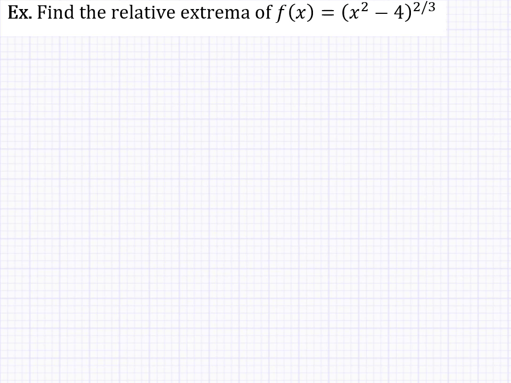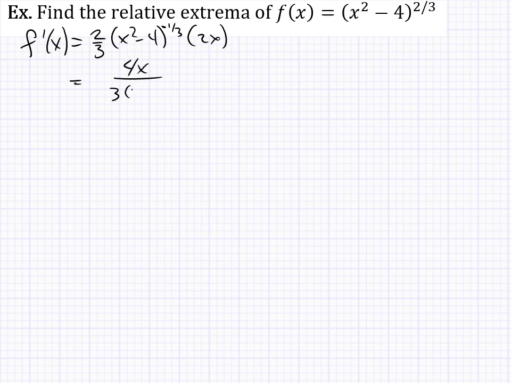All right, well, we need to find the derivative first. This should be pretty easy. 2/3 x squared minus 4 to the minus 1/3, times 2x. We use chain rule to get that answer. I'll rewrite this as 4x over 3 x squared minus 4 to the 1/3.